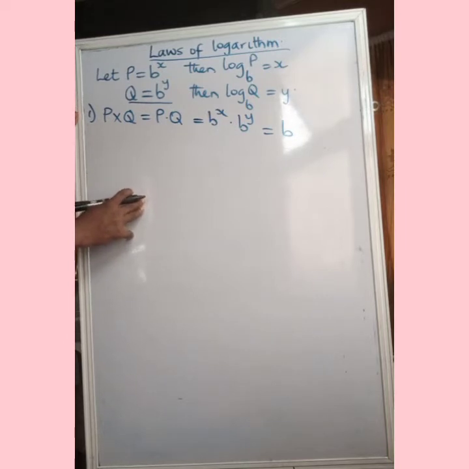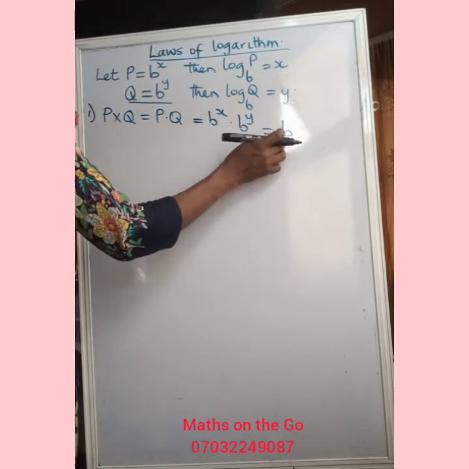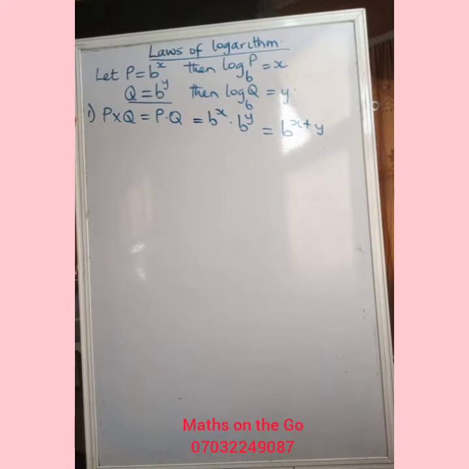In the law of indices, every product will turn to sum, addition. So you take one of the base, B, then X plus Y. Now let's write it in logarithmic form. To be log of PQ base B equals X plus Y.